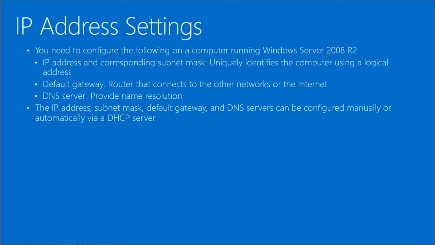IP address settings. Now, this is a single slide about address settings. In the networking fundamentals course, we spent quite a bit of time; there are days and days and days on just IP alone. The hard and fast is an IP address is a unique identifier for a device on the network.